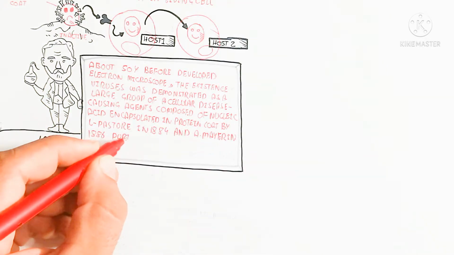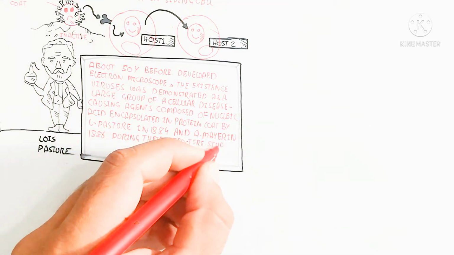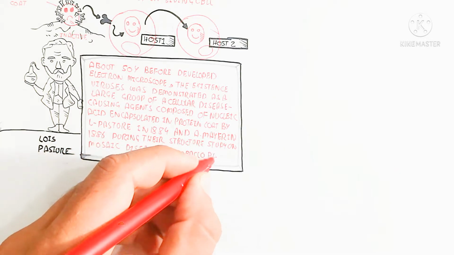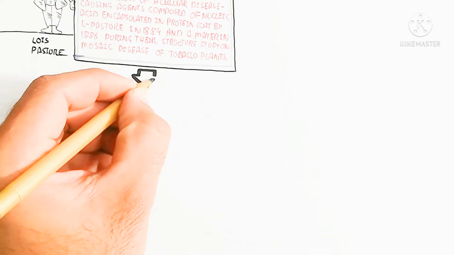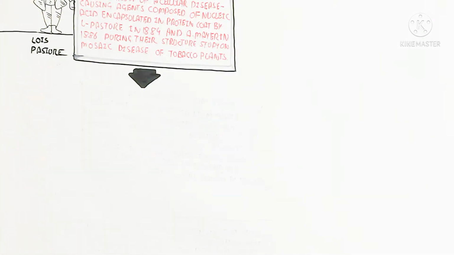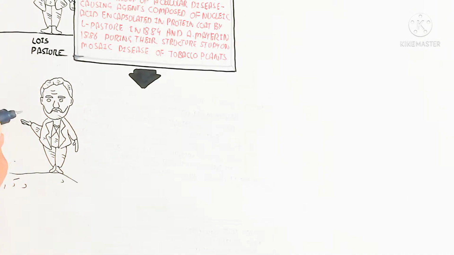The next one was in 1892, by D. Ivanovsky. That is a difficult name. He prepared an extract from tobacco plants infected with mosaic disease.